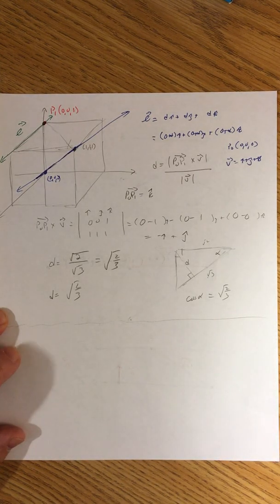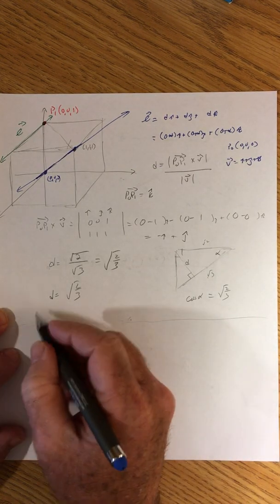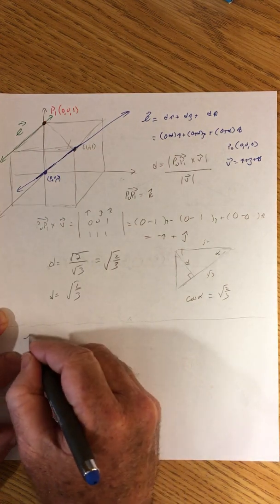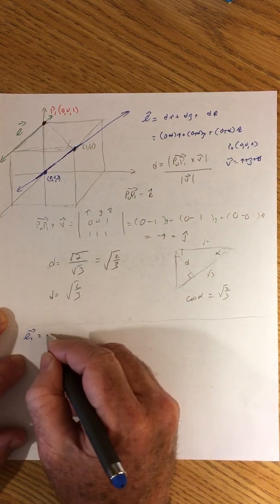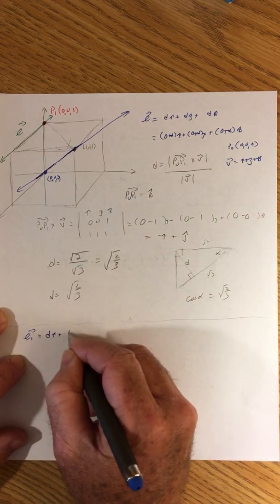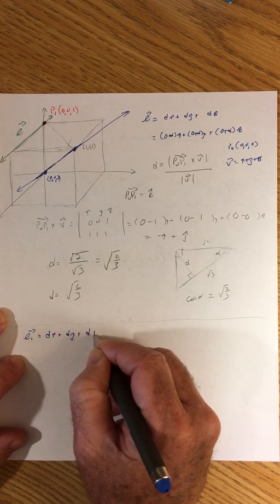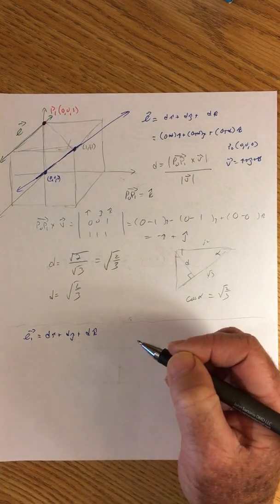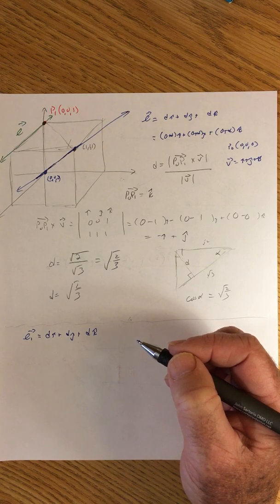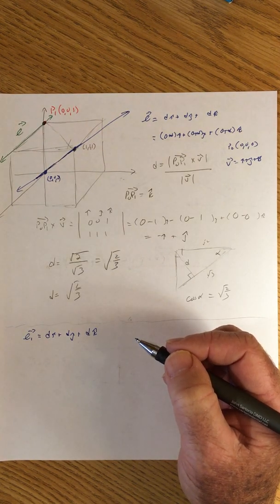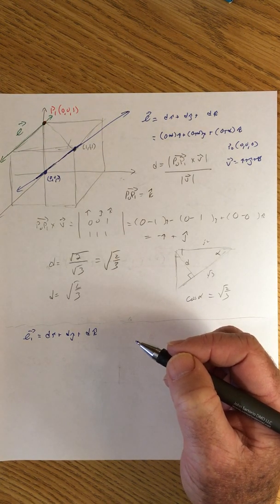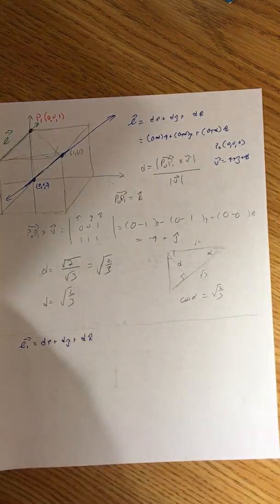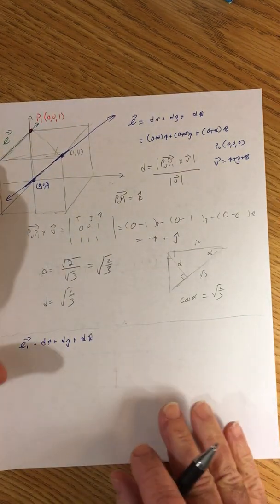All right, so the two lines this time, we'll call that one L1, is equal to di plus dj plus dk. Now the second example, let me see here. I got it. Okay, I'm ready.